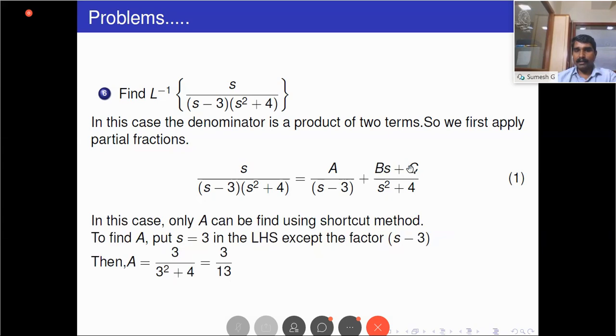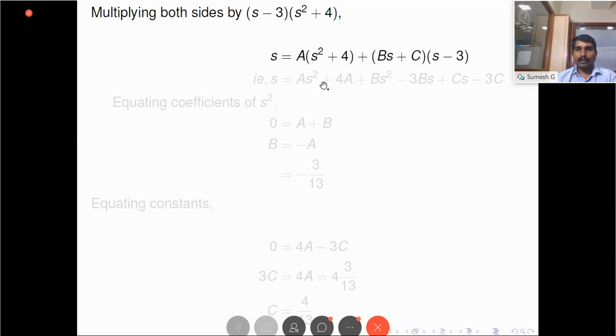To find B and C, we have to multiply the equation 1 by the denominator (s minus 3) into (s square plus 4). So we obtain expression like this. We open the bracket, get s equal to expression. Now equate coefficients of s square on both sides.